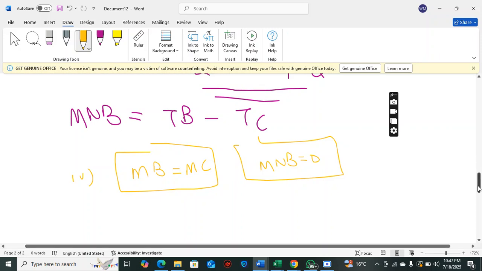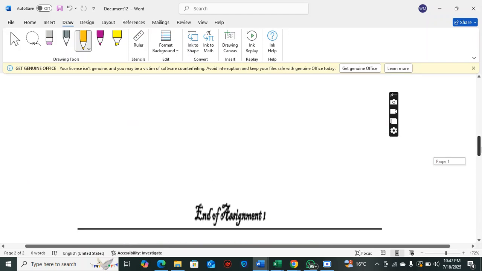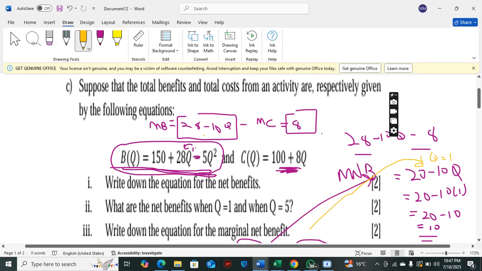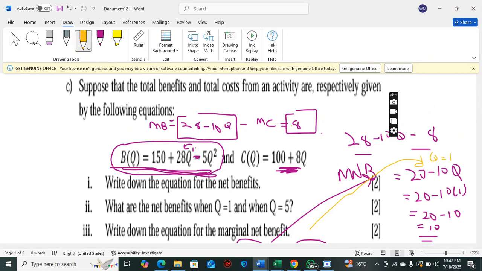Okay. So we got our marginal benefit and our marginal cost when we derived. Marginal benefit was 28 minus 10q. Marginal cost is 8. So let's equate 28 minus 10q equals 8. This is where we're equating MB equals MC. What value of Q do we get?